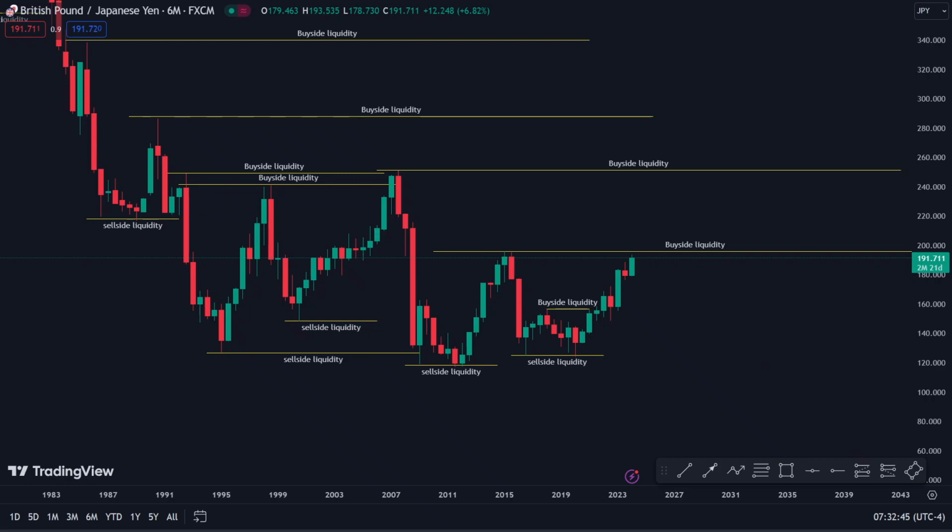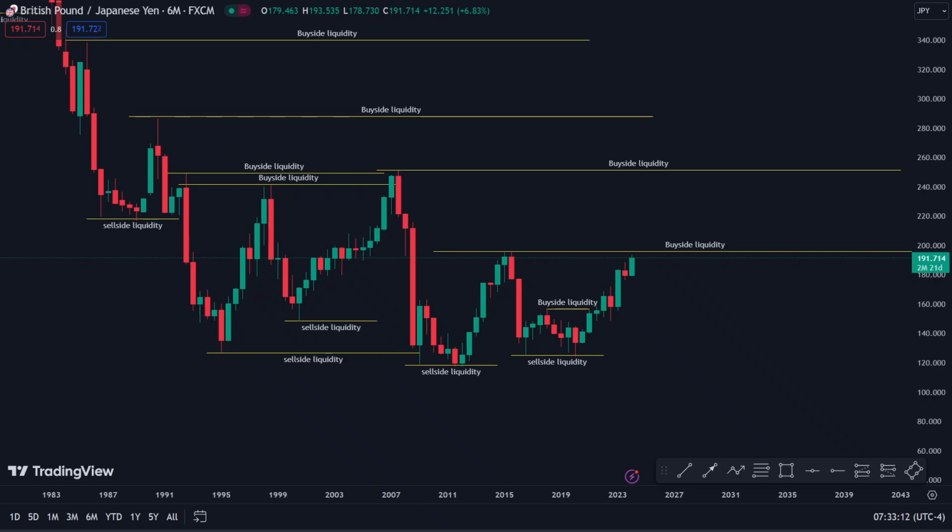We have buy stops above all highs and relative equal highs, which form previous old highs. And the sell stops, we have a cluster of sell stops below swing lows that form our sell side liquidity.